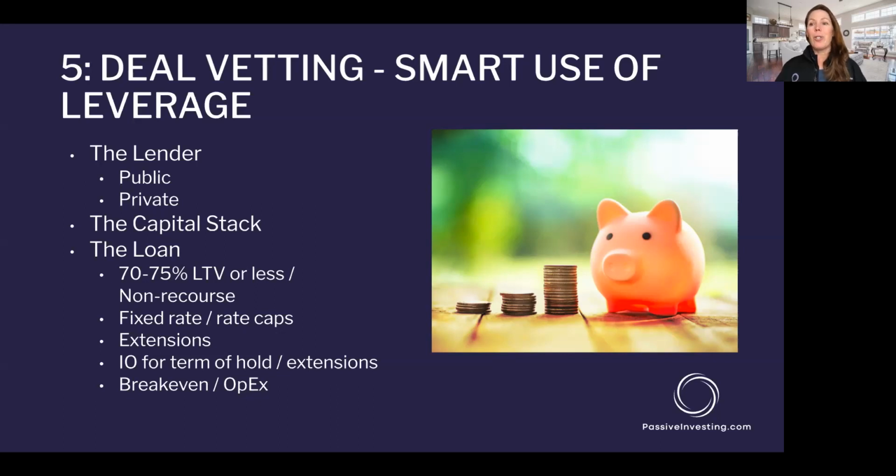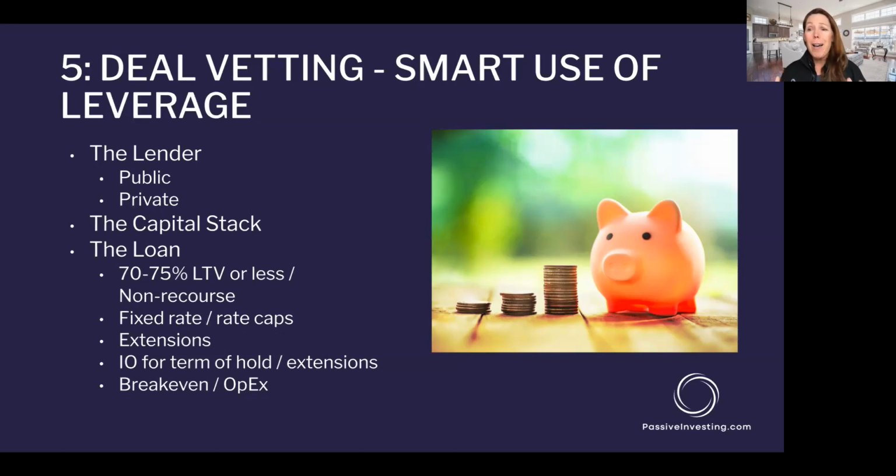All right. And then there's the loan. Okay. So when we're looking at the loan, I've got some guidelines, not really hard and fast rules, but I'm looking for loan to value 70, 75% or less, hopefully less. Now, loan to value, loan to cost are different. Probably closer to 60, 65% loan to cost, but loan to value 70, 75%.